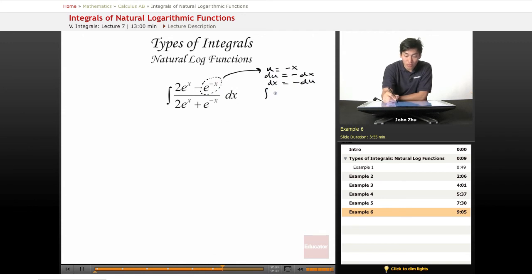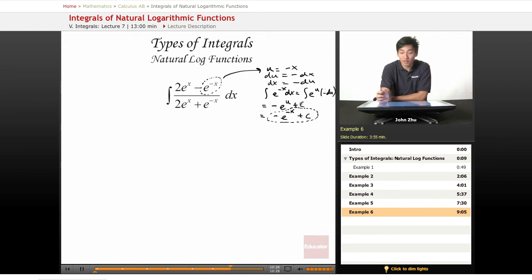So then the integral of e to the negative x dx, we replace that with e to the u, e to the u negative du, and we get negative e to the u plus c, which equals negative e to the, replace u with the original substitution, negative x plus c.